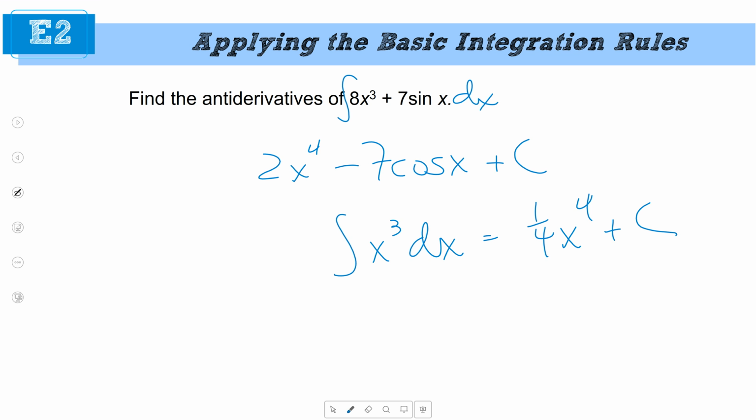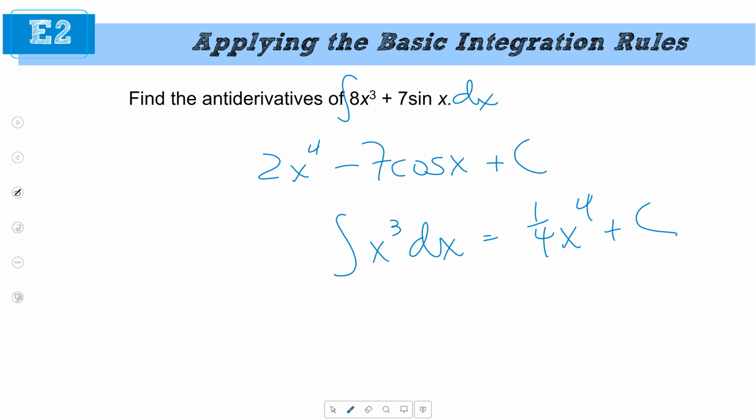Okay, good. So there's one other thing that we want to talk about, and that is, can I go from a family of answers to only one possible answer? Think about having a function like x. I take the antiderivative of x and I get 1/2 x squared, a parabola.